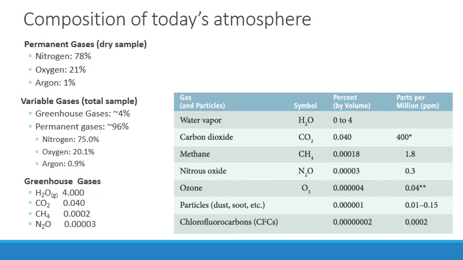The first half of the table that isn't shown in this slide pertains only to the permanent gases. So you can see I put the big ones up there in the top left-hand corner of this slide. Those numbers are not likely to change much at any given location from one day to the next because they have very long residence times in the atmosphere, and because they are listed for samples of completely dry air.